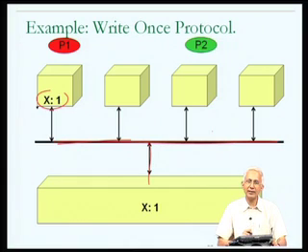So the effect of having x modified by process P1 is that the copy of the block in that cache has x equal to 1. The main memory copy has x equal to 1 because of the write-through, in effect. And the bus activity was snooped by the cache controller of the third processor, which noticed that it is a block of which it has an old copy in its cache.